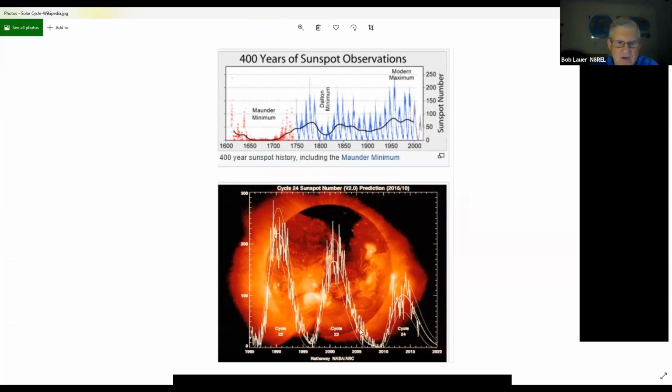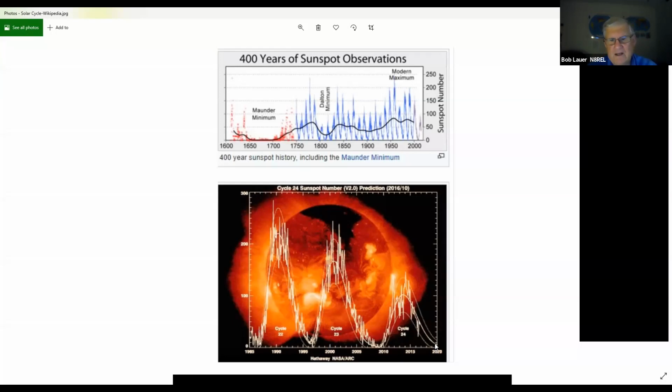If you compare this to cycle 22, you see that things used to be much better. This was back in 1990, and solar cycle 23 was not as good as 22, but it was still pretty good. But here, 24 has been awful. That's the bad news. Now, the good news is we are just about starting solar cycle number 25.